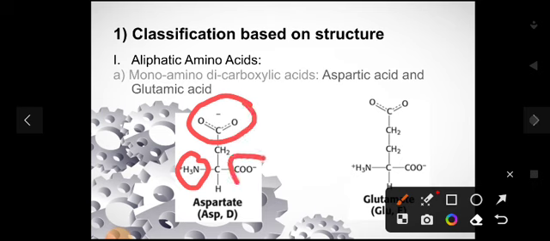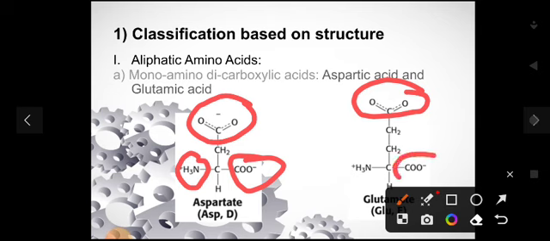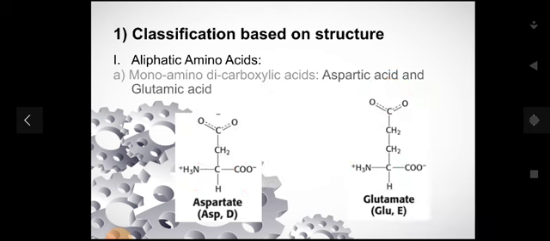You see one and you see two. Look at another one, and this is another one. So these two have carboxylic acid groups, but only one amino group. So you can classify them based on having two carboxylic acid groups, which is dicarboxylic, and then one amino group. And these ones we call aspartate and glutamate.